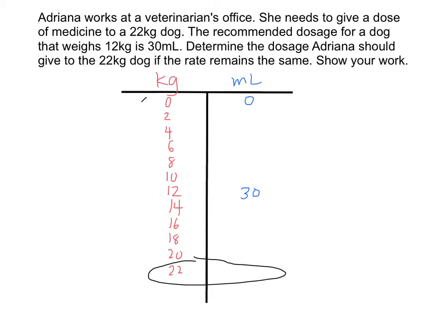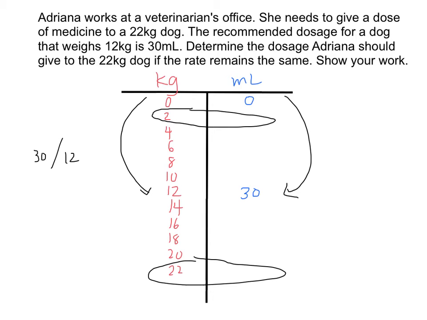Well, for every 12-kilogram dog, we need to use 30 milliliters of medicine. That means we have a rate of 30 milliliters for every 12 kilograms. But in order to fill in the first part of our table, we need to know how many milliliters for a 2-kilogram dog.